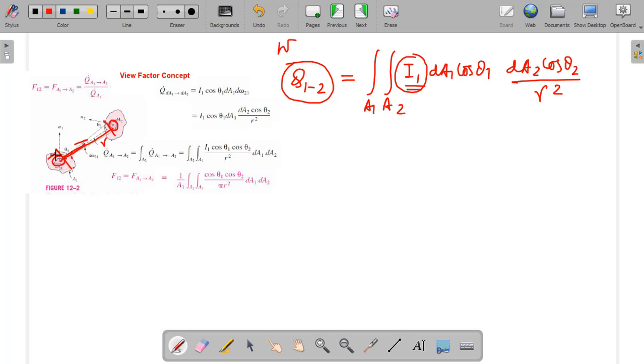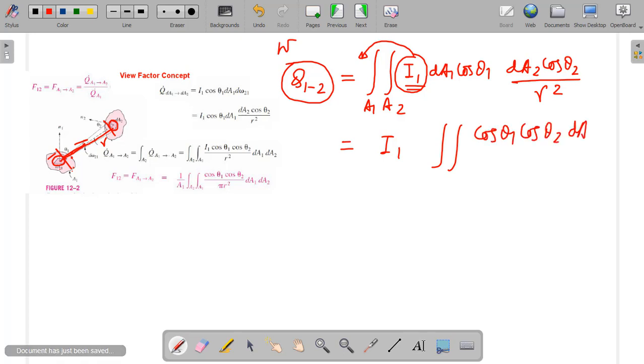If it is uniform, that means over A1 and A2 this is not going to change, so that quantity will come out of the integration. So if you take it out of the integration, it will be I1 times the integration of cos theta 1 cos theta 2 dA1 dA2 divided by r square.